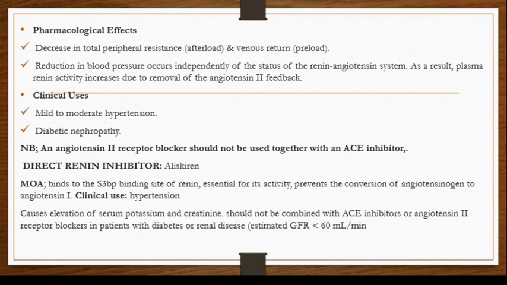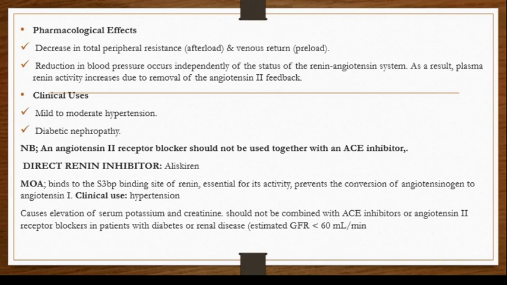It is useful because it helps in preventing disease progression by reducing the levels of proteinuria in the system, and so the diabetic nephropathy may not progress. So basically they reduce the levels of proteinuria, and so they prevent disease progression.